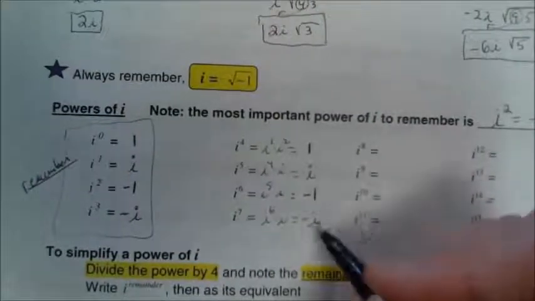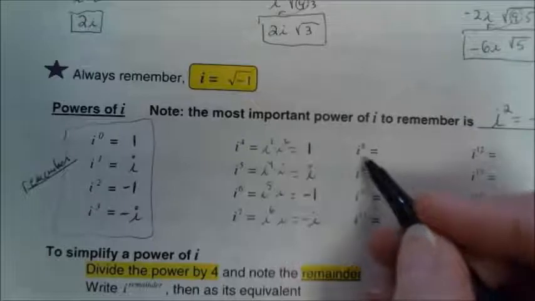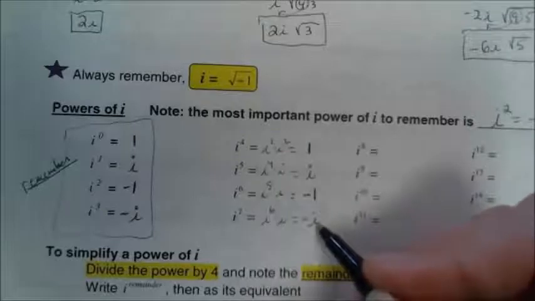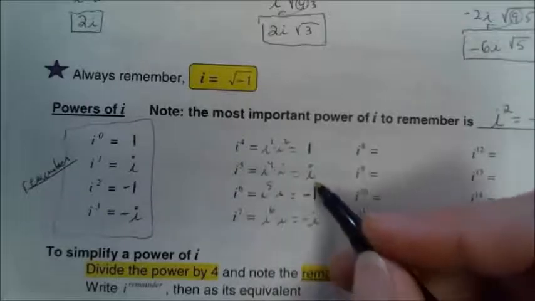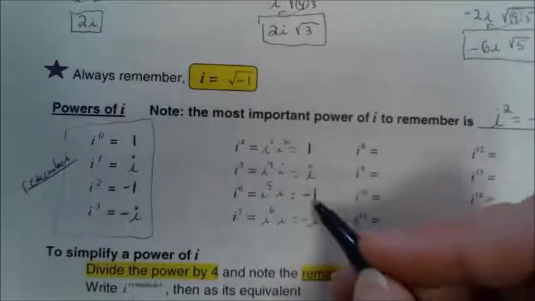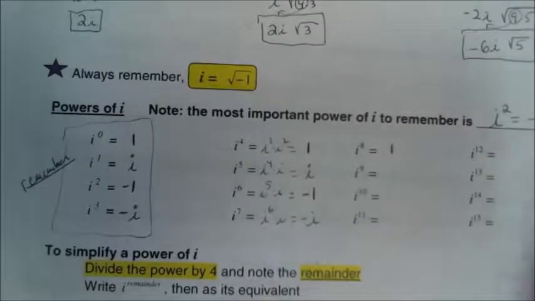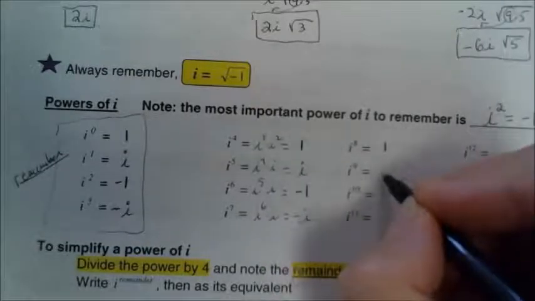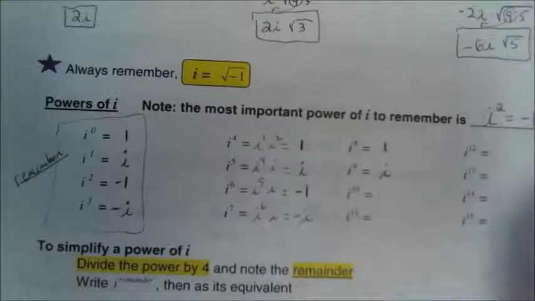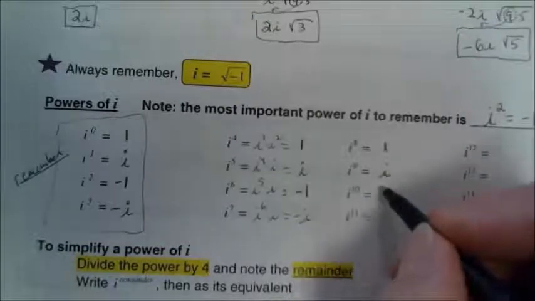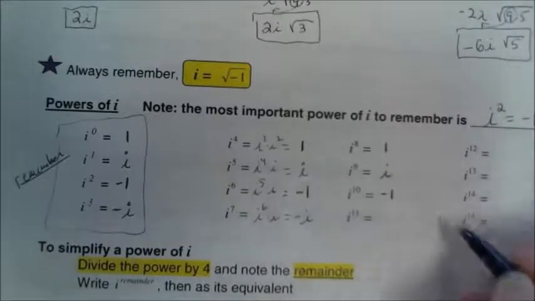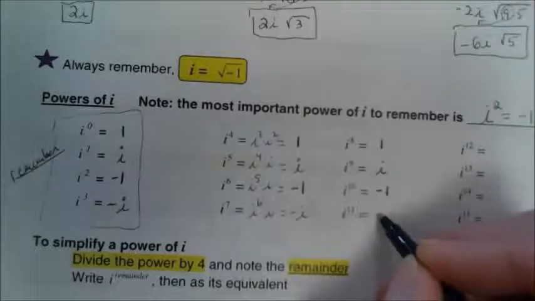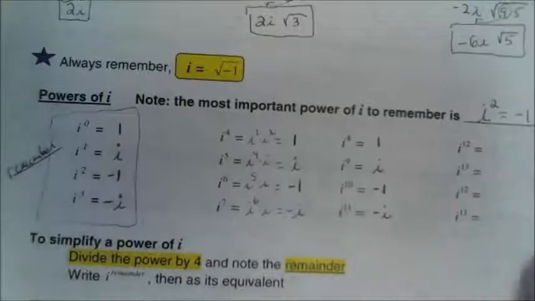And what you can do is you can continue in this same fashion. You can do i to the eighth is i to the seventh times i. i to the seventh is -i. -i times i is -i squared, and -i squared is -1 times -1, which is 1. i to the ninth is the same thing really as i to the eighth times i to the first. 1 times i is i. i to the 10th is i to the ninth times i. i times i is i squared, and i squared is -1. i to the 11th is i to the 10th times i to the first, which is -1 times i, which is -i.